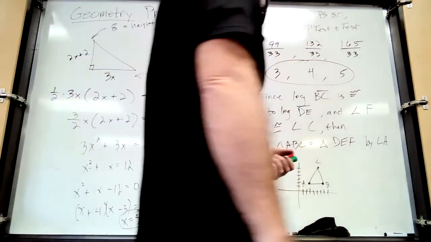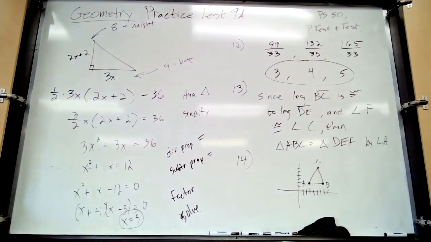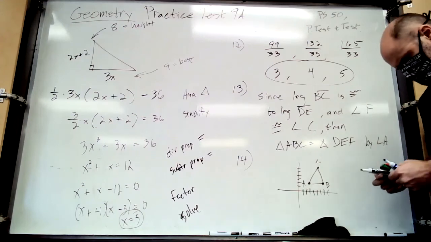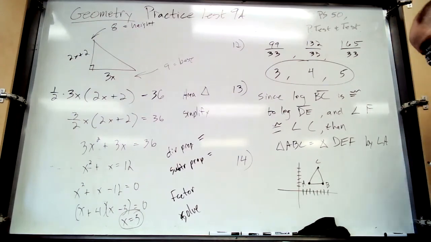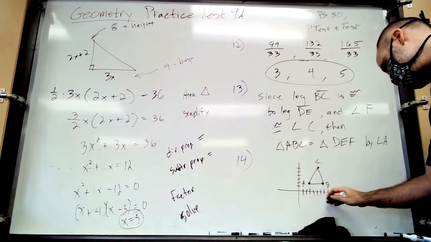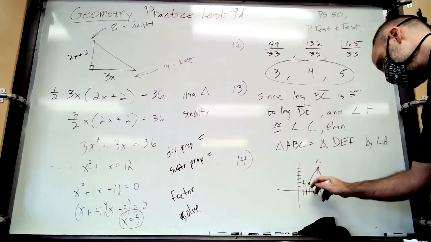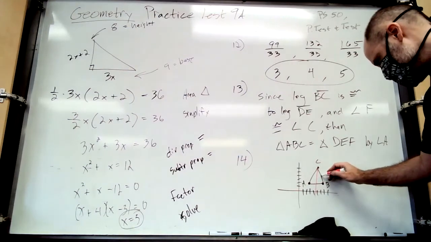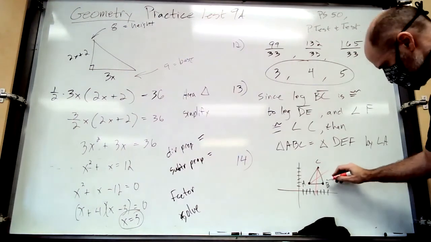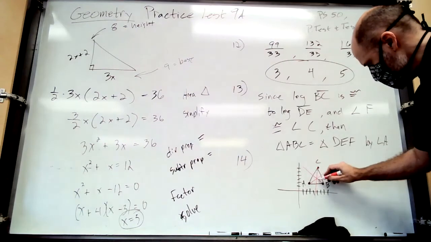Wait, how do you find this? Well, let's see. Let's see if that's the centroid. If I drew the centroid, it would be right there. Centroid to there, it's right there. Centroid to there is about right there.